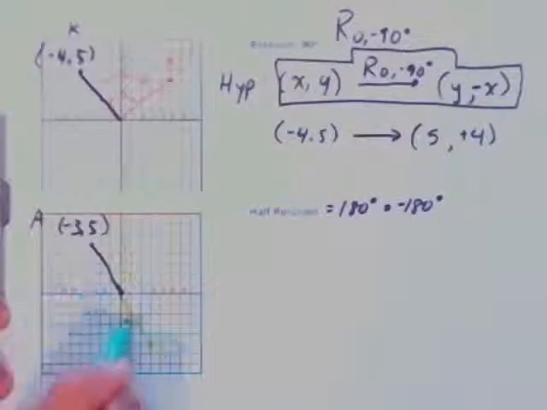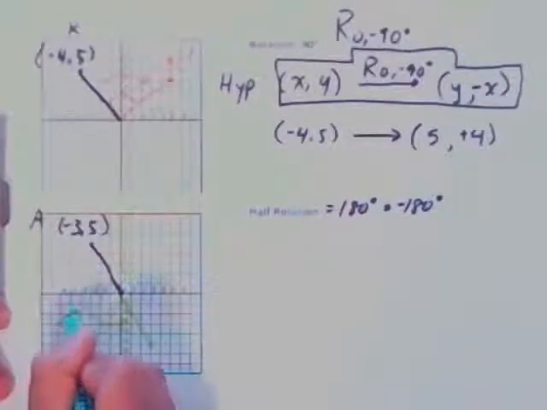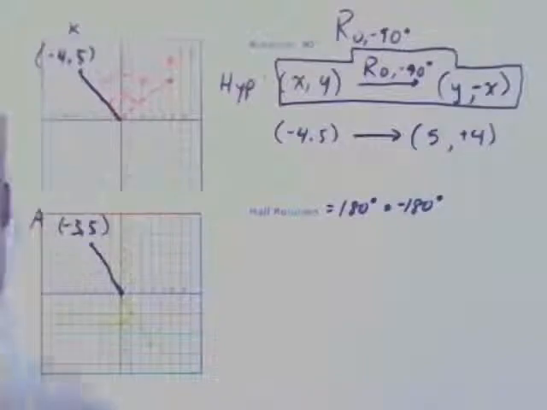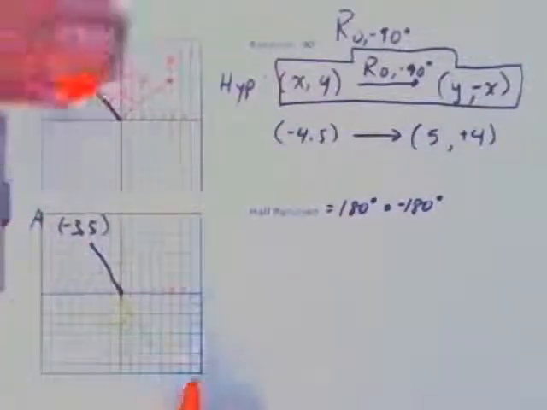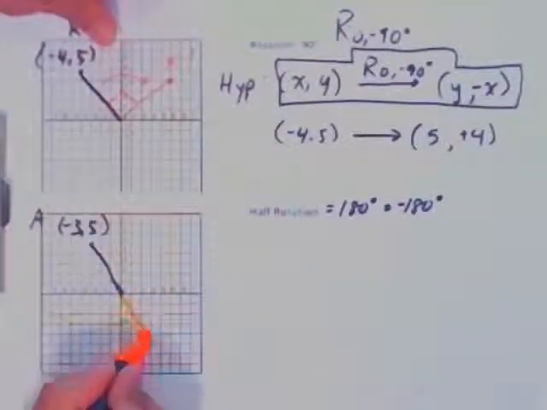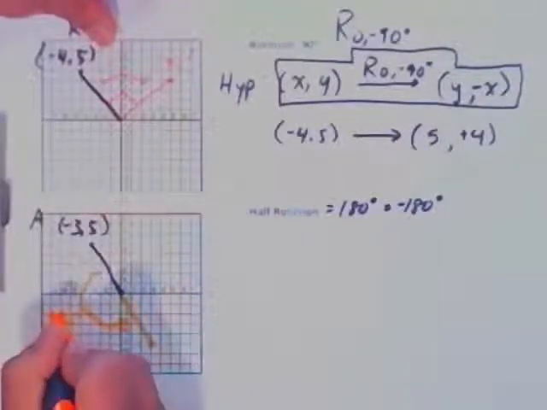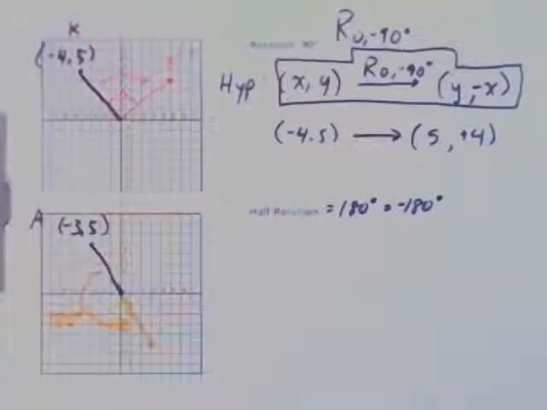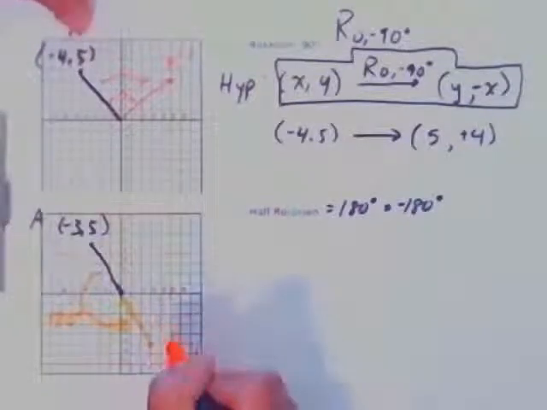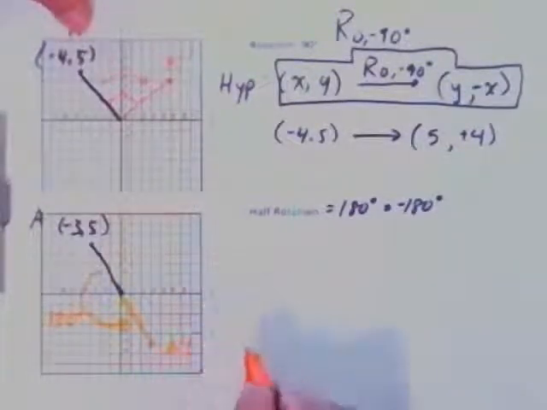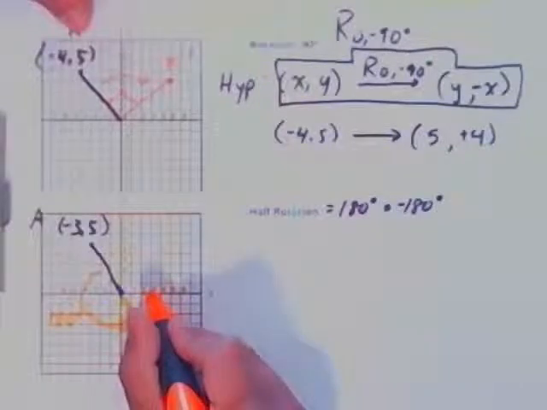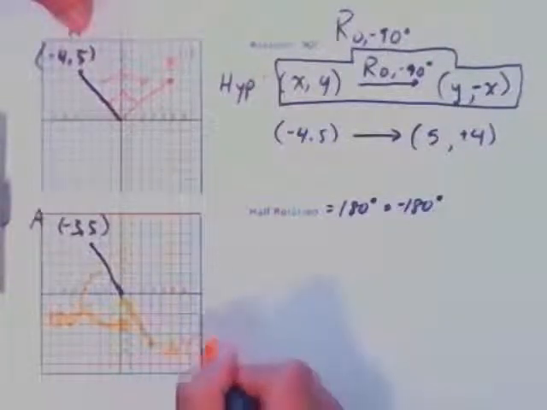Seems to be a 180 degree rotation. That doesn't work very well, so I'm going to use my orange. There it is. 180 degree rotation. Okay. So that point A prime, that's called the image, should be 3 comma negative 5.